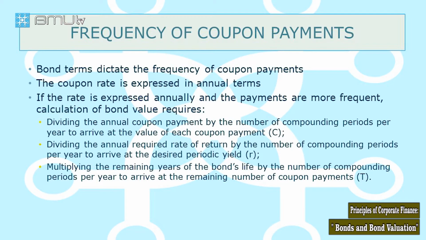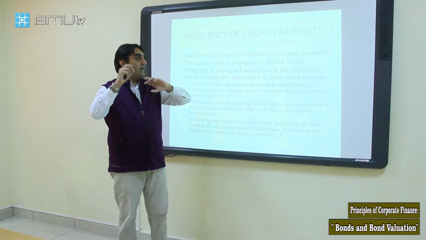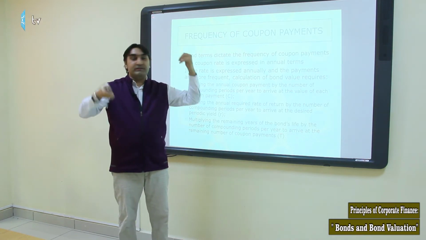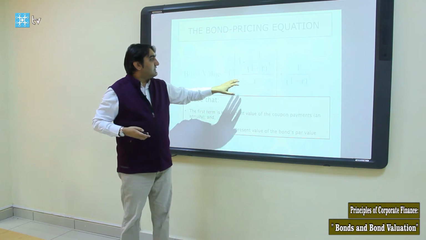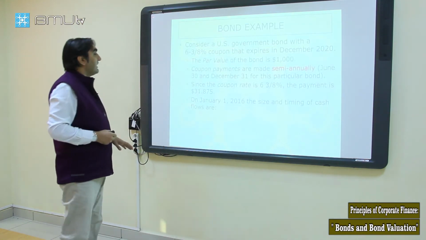Making these adjustments, we convert these numbers into our formula. We put these numbers in our formula and find the price of the bond.